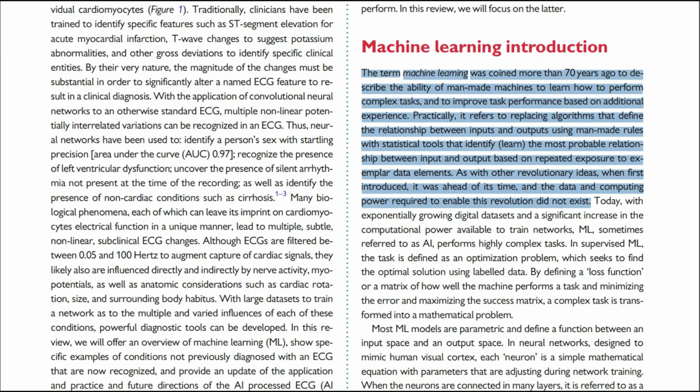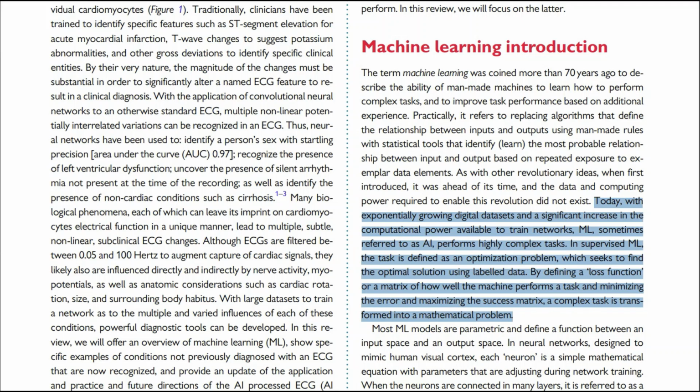Practically, it refers to replacing algorithms that define the relationship between inputs and outputs using man-made rules with statistical tools that identify, learn, the most probable relationship between input and output based on repeated exposure to exemplar data elements. As with other revolutionary ideas, when first introduced, it was ahead of its time, and the data and computing power required to enable this revolution did not exist.